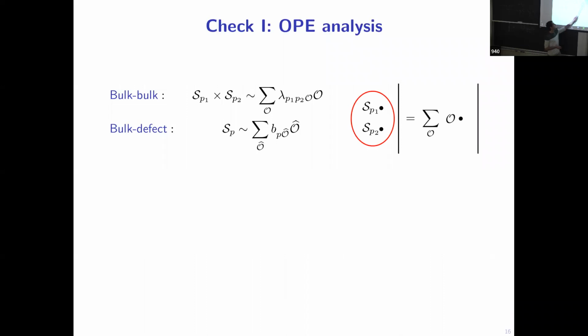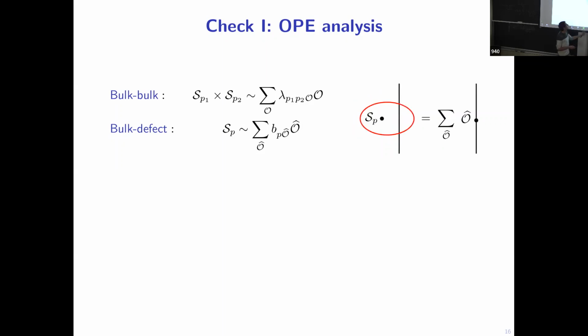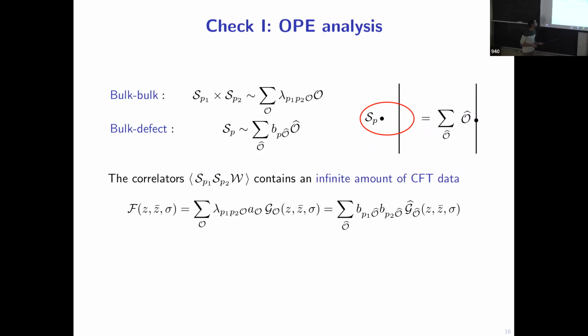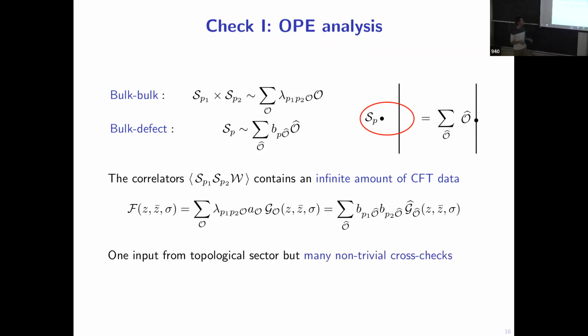So if you bring two operators close to each other, you can replace them as a sum of local operators. Instead, if you bring one of the operators close to the defect, you can expand in terms of defect operators. So this allows you to take your correlator and expand it either in the bulk channel or in the defect channel. Okay, so now this correlator we have, we could expand it in these two limits.